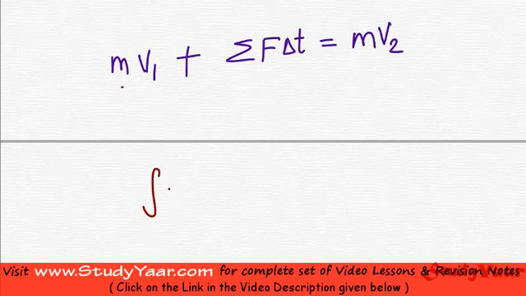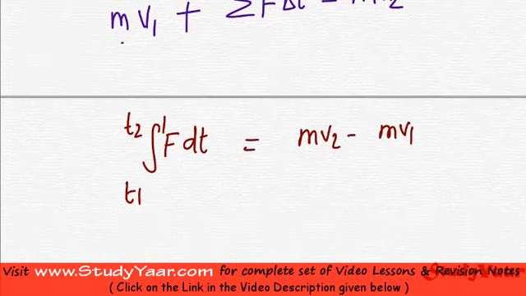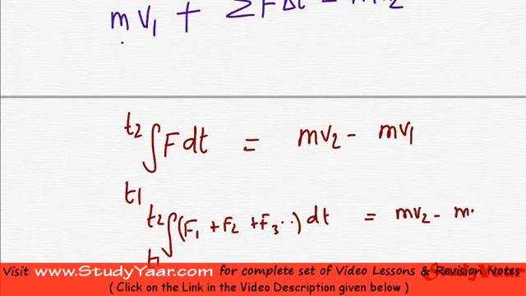Look, what we have is integral of f dt from t1 to t2 is equal to mv2 minus mv1. Over here my f is the resultant of all the forces. So what I get is the integral from t1 to t2 of f1 plus f2 plus f3 and so on, dt, is equal to mv2 minus mv1.